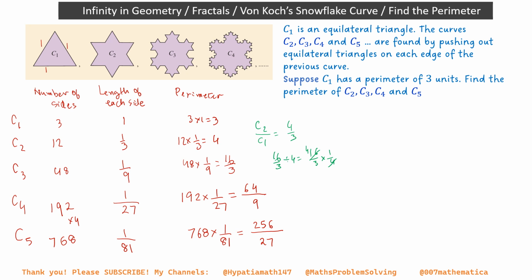So you can see, we could have simply multiplied by 4 out of 3. So if I did 4 out of 3 times the previous perimeter, I would get the next one.